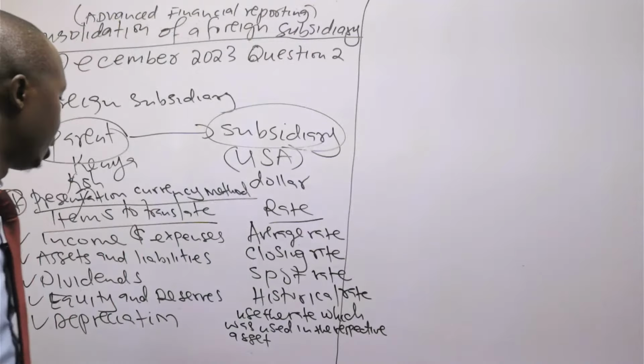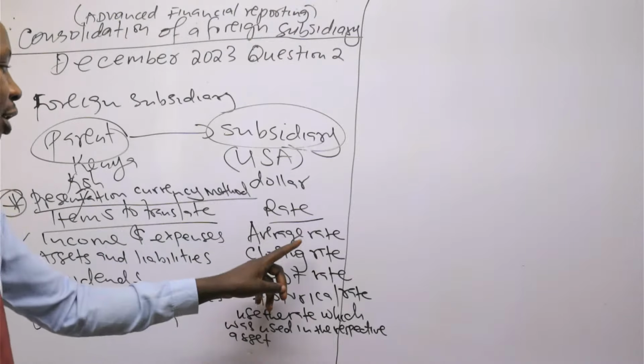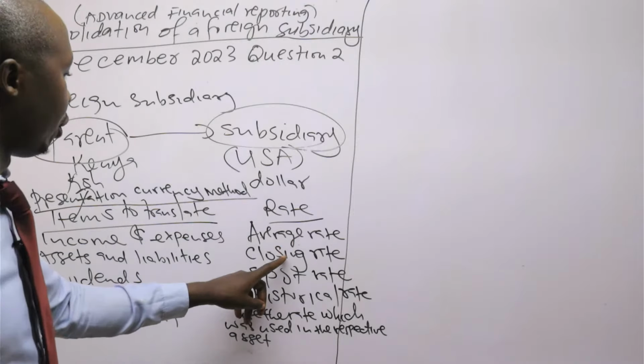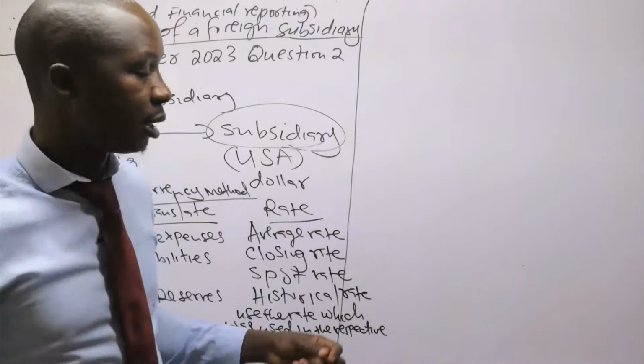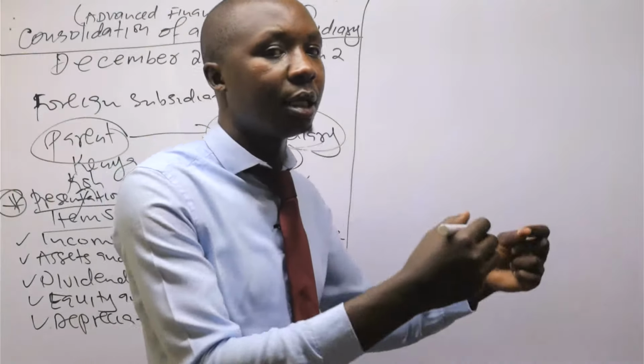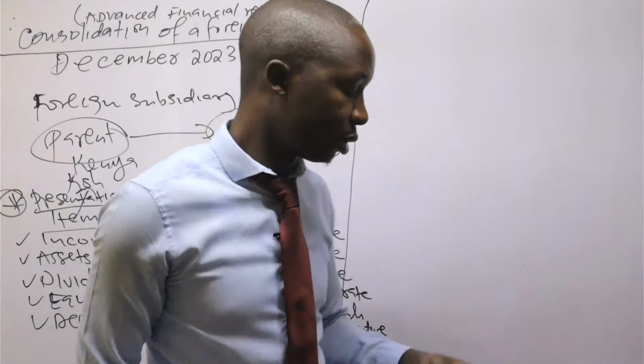So when doing that, you use these rates. So for the average, you will be given, but for you to determine the closing rate, this is the rate which was prevailing as at the date of the balance sheet, as at the date when we are preparing the balance sheet. For the spot rate, it is the rate which was prevailing as at the date of occurrence of that relevant transaction.